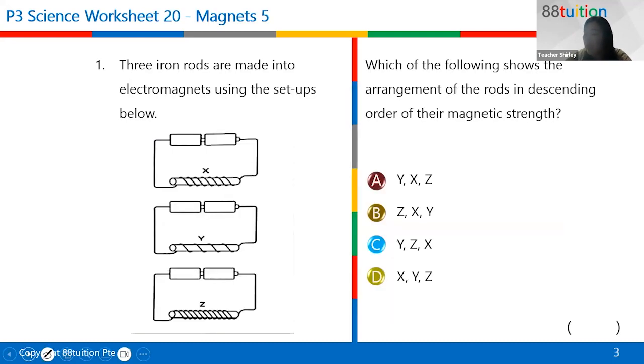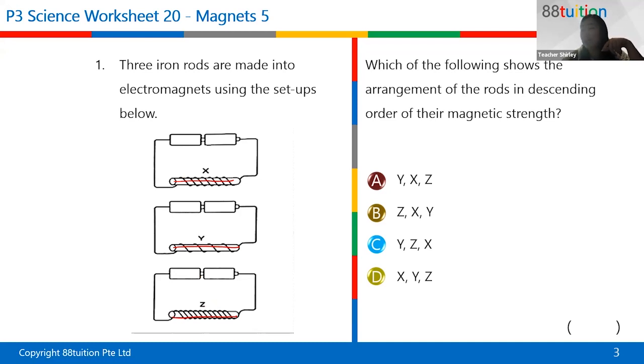Okay, now let's take a look at this question. Three iron rods are made into electromagnets. So Peng Yun, just for your information, electromagnets are temporary magnets made by running electricity around a circuit, in this case around these rods, X, Y and Z. They will coil the wires around these rods and then run electricity.